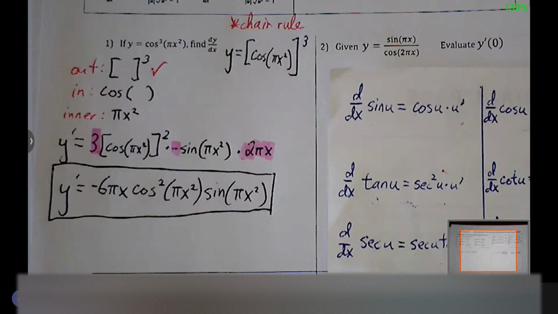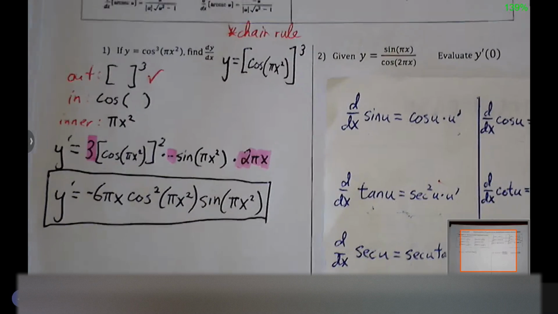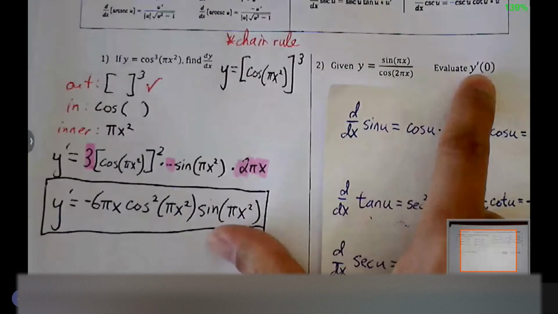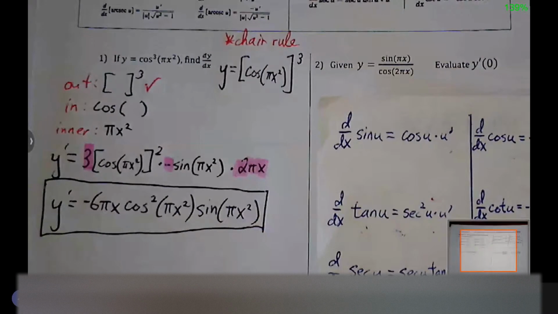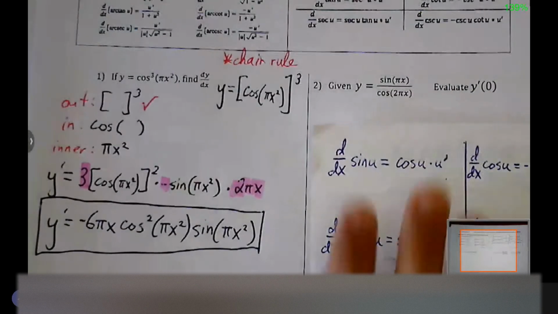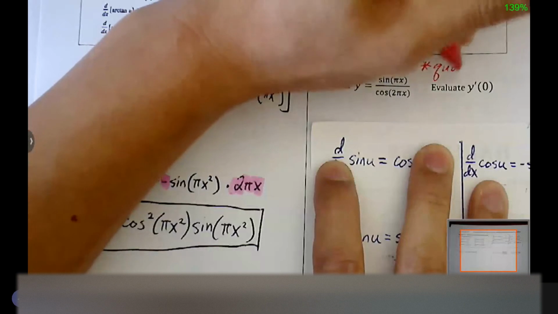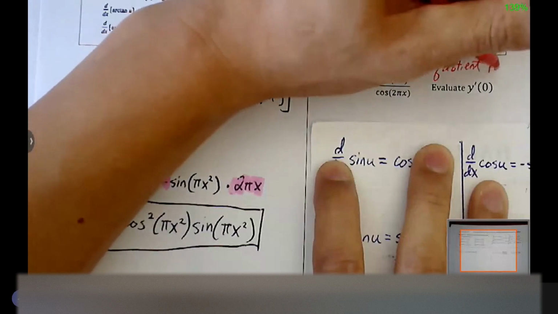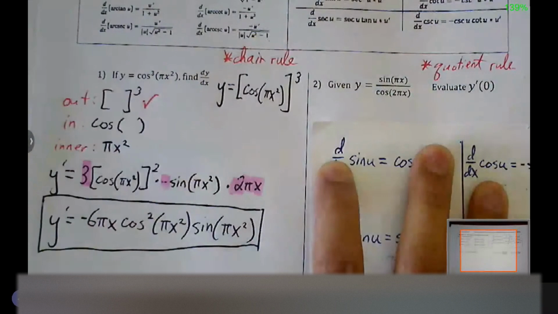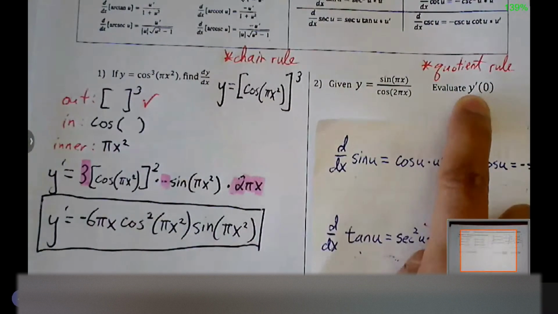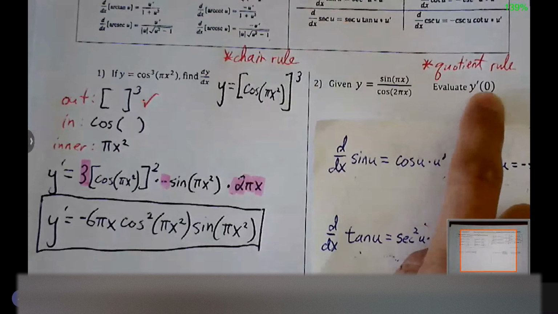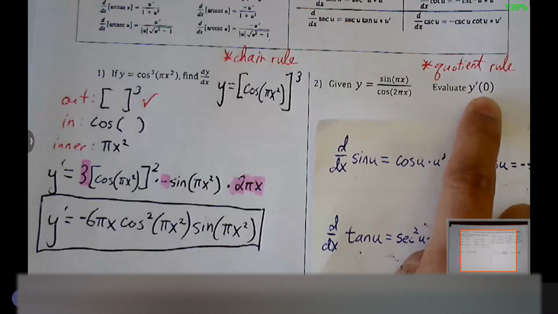Okay, number 2. It says evaluate y prime of 0. So what's our involvement here? Quotient rule, yeah. And what is that y prime of 0 telling us to do? Find the slope at 0. Yeah, so we're going to evaluate the derivative, right? So you're going to find the derivative function and then replace all the x's with 0 and then get down to a number.